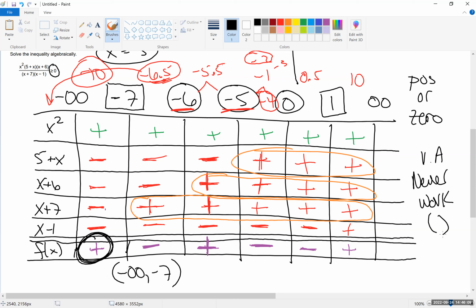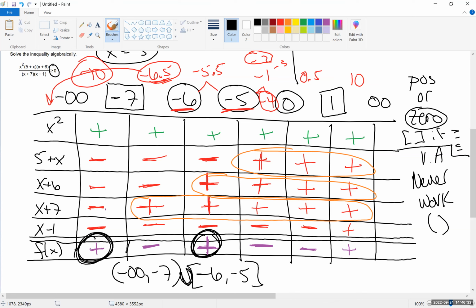And then the next interval that it's positive is from -6 to -5. Now, these are zeros. So zeros get brackets if you have a greater than or equal to sign or a less than or equal to sign. So both of these get brackets. So we're going to put a union there.